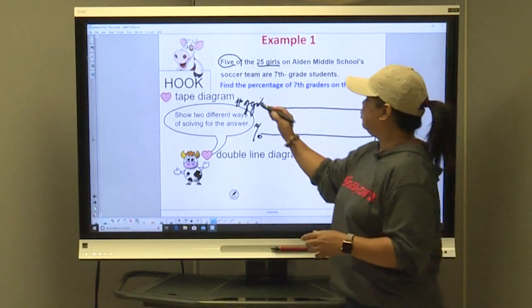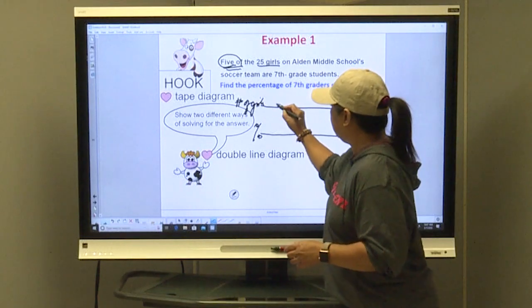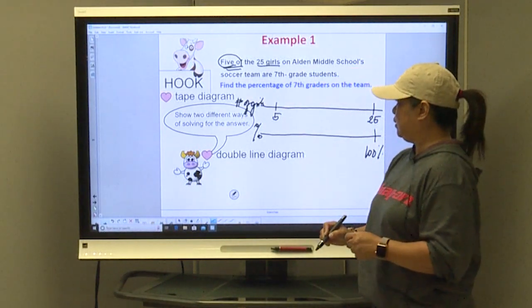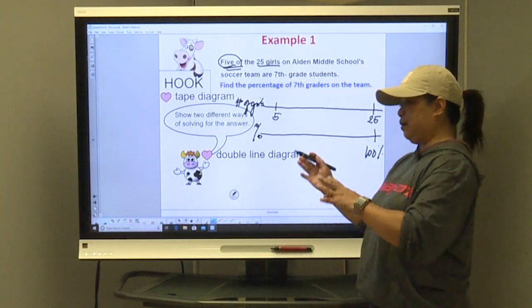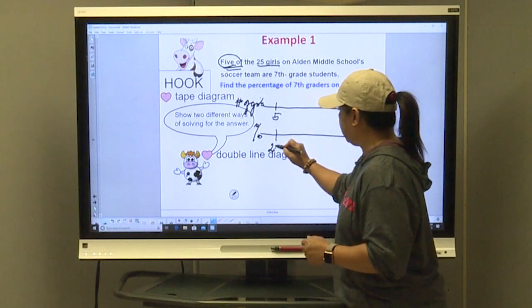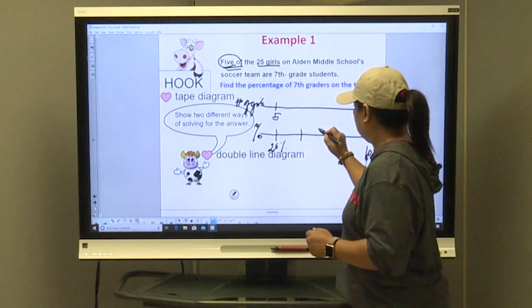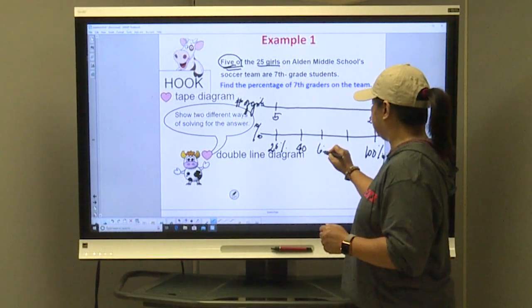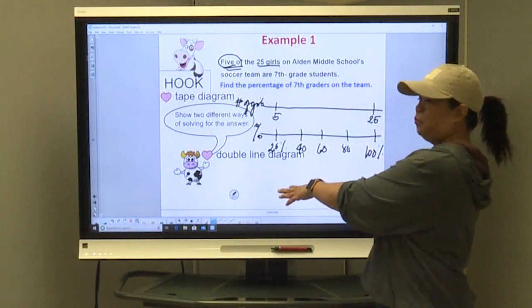Okay? So what do we know? We know that 5 of the girls are 7th graders. And from the previous tape diagram, so that we can cut to the chase, this is 20%. 1, 2, 3, 4, 5. So 40, 60, 80, all the way to 100%.